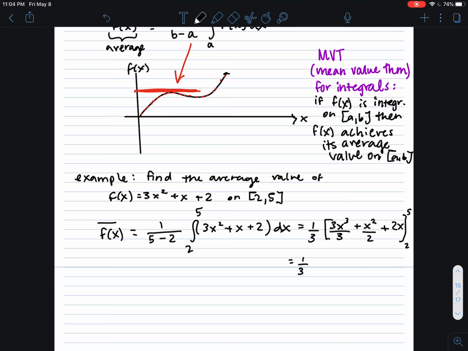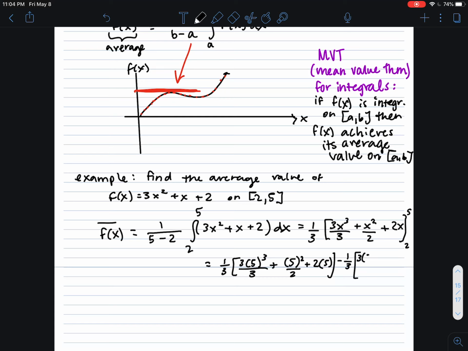And we get 1 over 3 times, I'm going to need more space in this, hold on. 1 over 3 times 3 times 5 cubed over 3 plus 5 squared over 2 plus 2 times 5, minus, I'm going to distribute this 1/3 now so I don't have to have a bazillion parentheses. So I'm putting a 1/3 here and a 1/3 here.